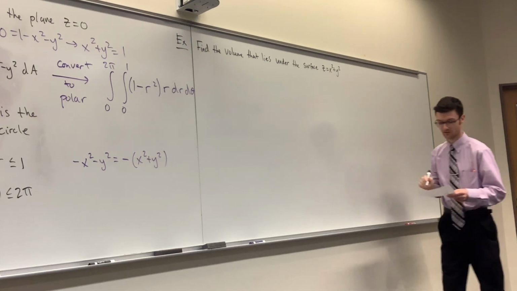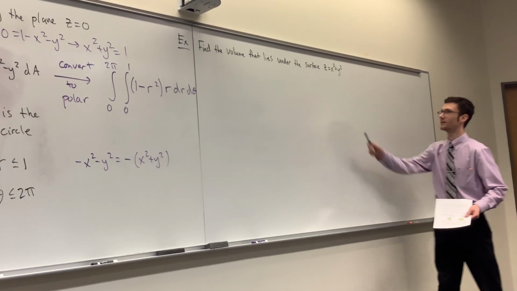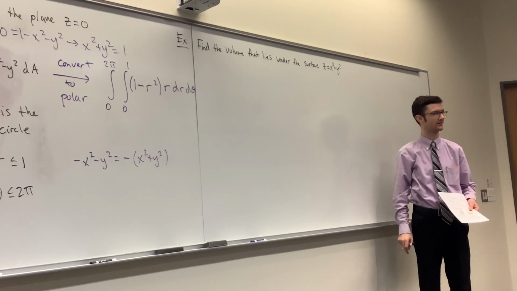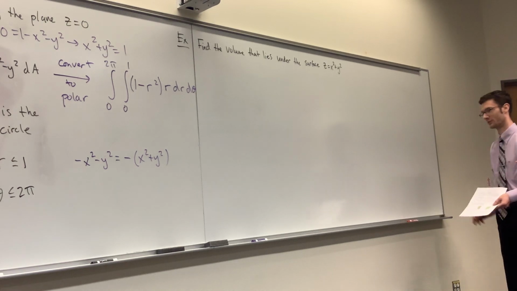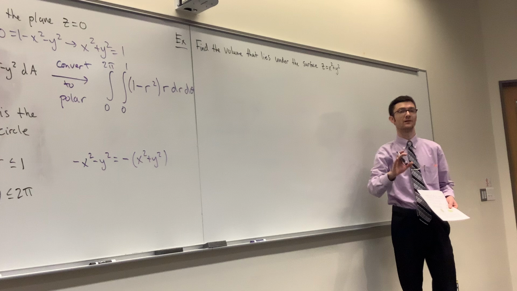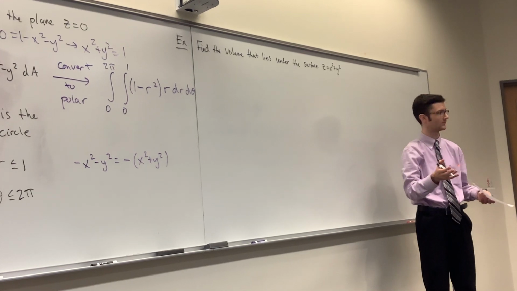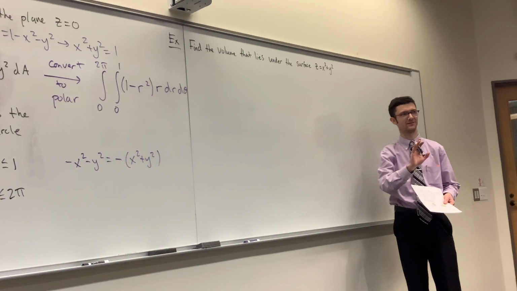Okay, so we're under the surface z equals x squared plus y squared. Okay, so now we're going to play our game again. This surface is, oh, okay, sorry. So not in polar. More like, this surface is a what? Cylinder. Well, sphere. Well, keep going. I think I heard it. Do you say it, Caleb?